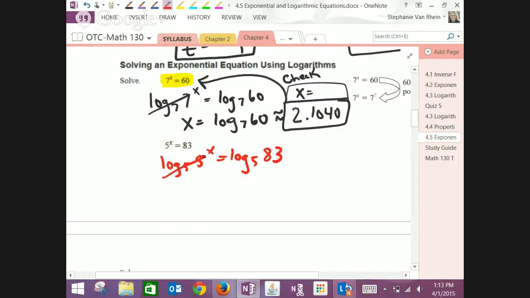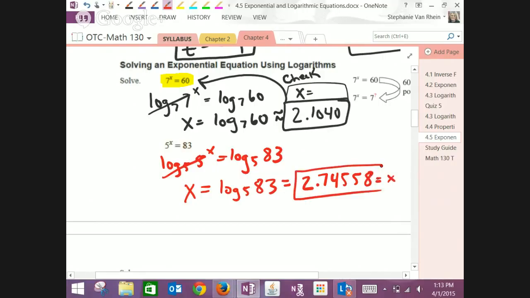So log base 5 of 5 is going to simplify the left-hand side to just equal x. And the right-hand side is going to be log base 5 of 83. I can plug that in my calculator and get 2.74558. And this is what x equals. I can check that by plugging it into my original equation and show the left-hand side equals the right-hand side.